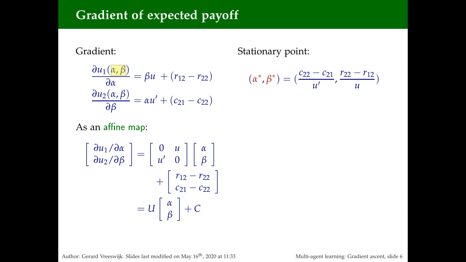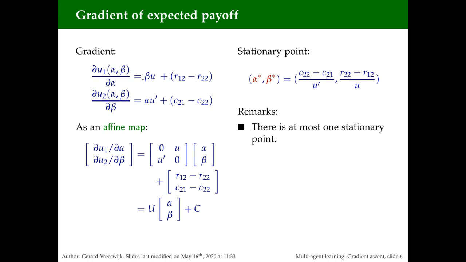So in the origin, alpha and beta are 0, and in the unit square we have various values of alpha and beta, and in particular there might be one value where the derivatives are 0. The derivatives are 0 if you set those two equations to 0, and then you have a so-called stationary point, which is where there is no movement. There is no incentive for both of the players to change their strategy, so that's actually a weak Nash equilibrium.